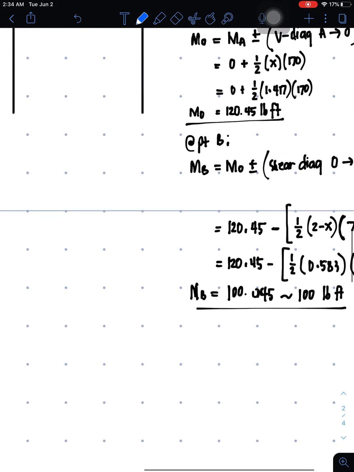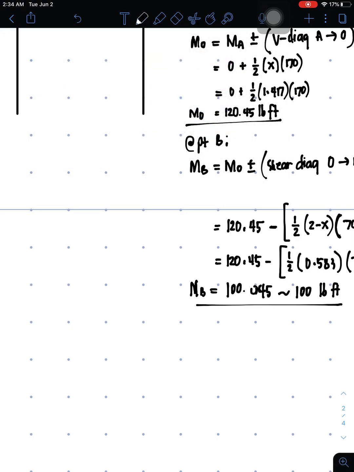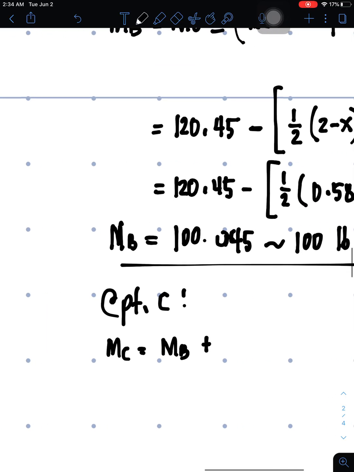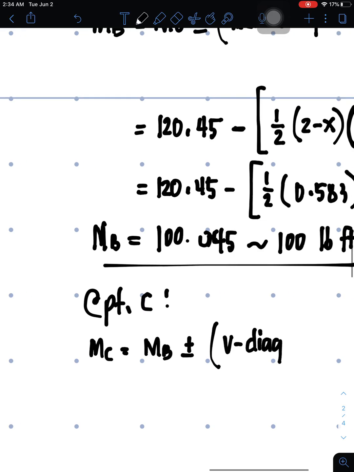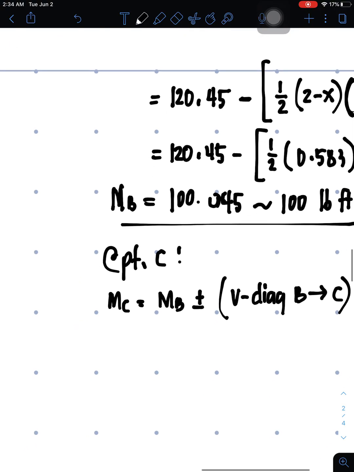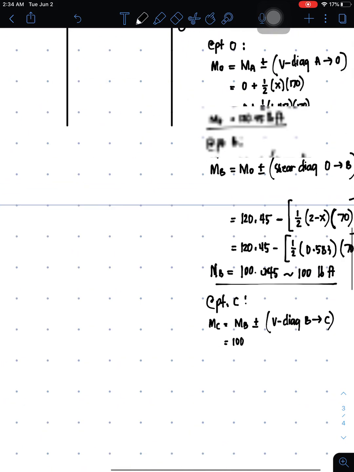Next, we're solving for MC at point C. So MC is equal to the previous value, MB, plus or minus the shear area or shear diagram from B to C. Copy the previous value, 100.